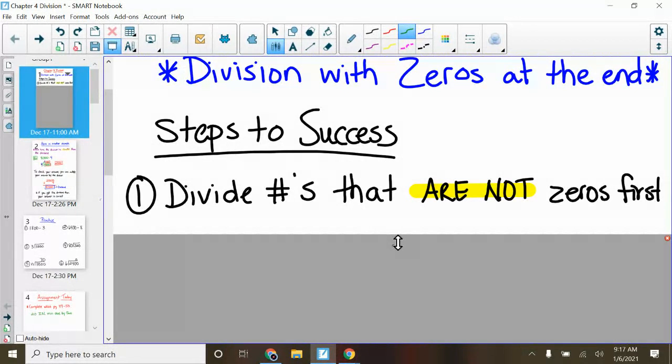I chose to highlight the word not because that's an important part of that step. When you're playing with zeros, especially the zeros at the end, you want to use those last. So you're going to deal with the numbers that aren't zeros first. Questions on that, or does that make sense?